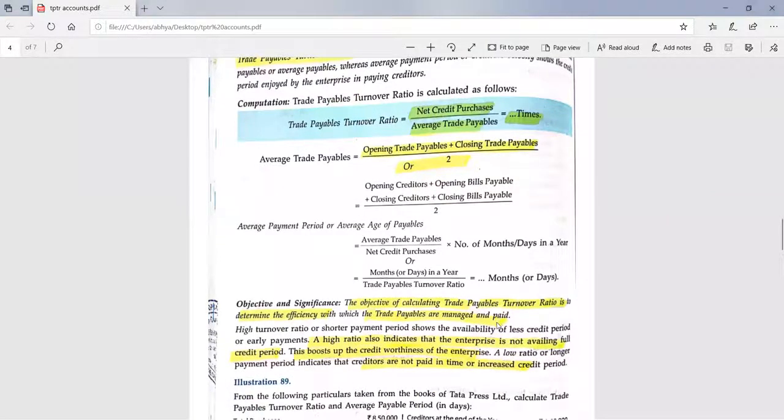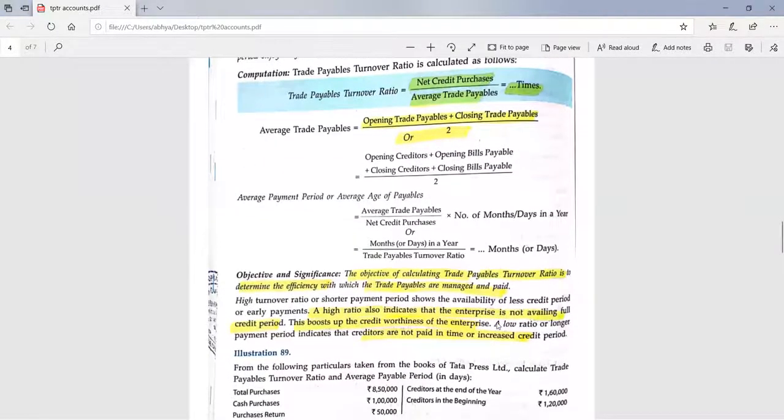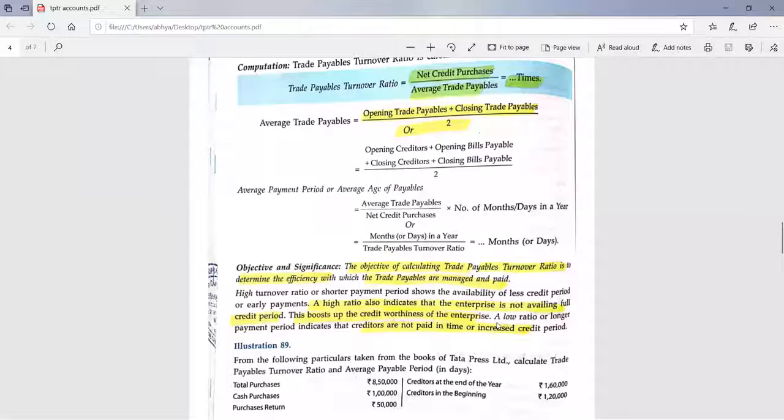Make sure of one thing here: a higher trade payable turnover ratio means we are making payment fast, which is not good for us. Suppose the creditors have allowed us a period of 90 days, and every time we are making payment in just 10 days, it means we are not taking the benefit of 80 days. We can make the payment a little bit later.